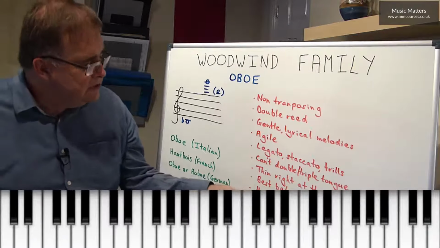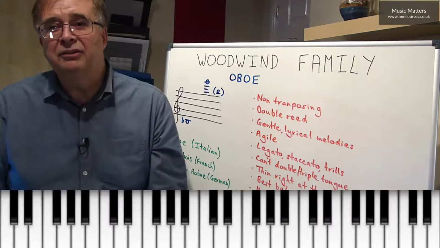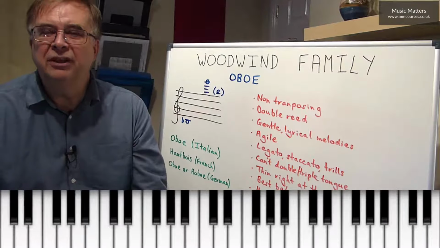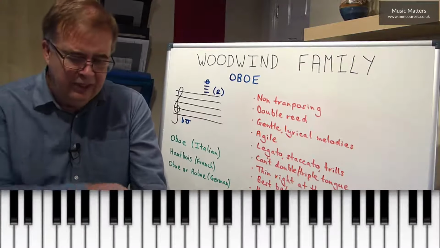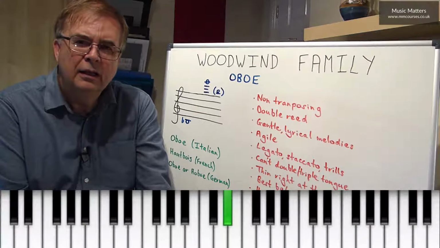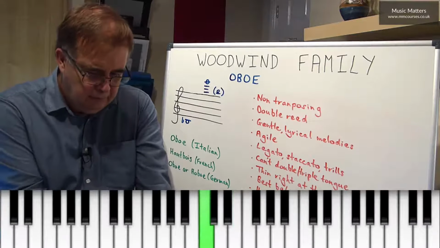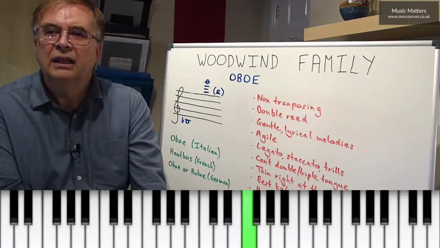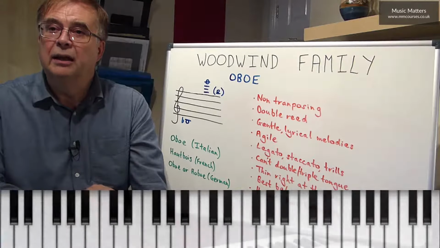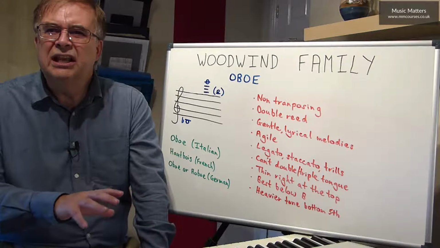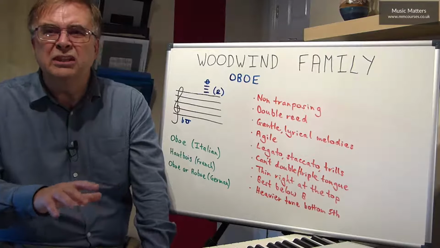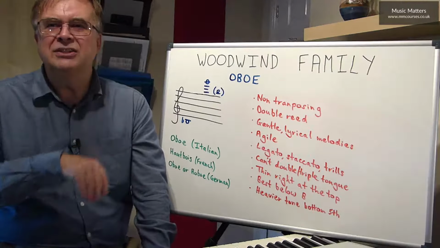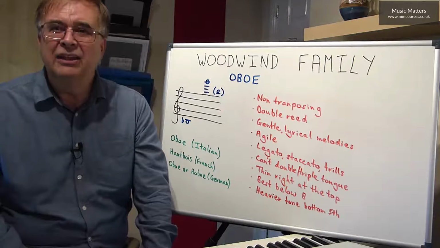And you'll also notice that the heaviest sound, if you like, comes in the bottom fifth of the instrument. So if you get down here, it's still a lovely tone, isn't it? But it's just a slightly thinner sound in the middle of the range, slightly fatter sound, if you like, bolder sound in the bottom fifth.